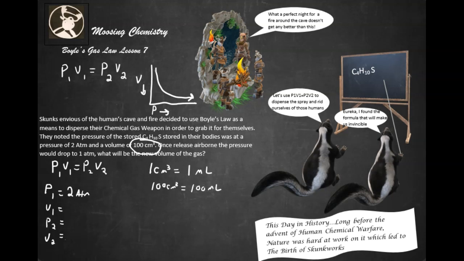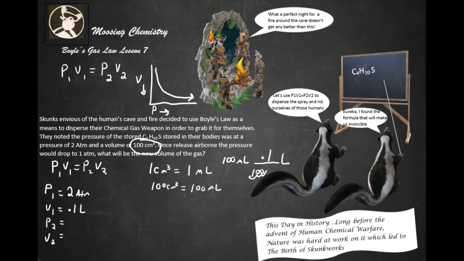Since we're using Boyle's Law, we want to change this to liters. So to change 100 milliliters to liters, we simply set up liters, put the 100 down here, move it 3 spaces over, and you get 0.1 liters. So we put a volume as 0.1 liters.